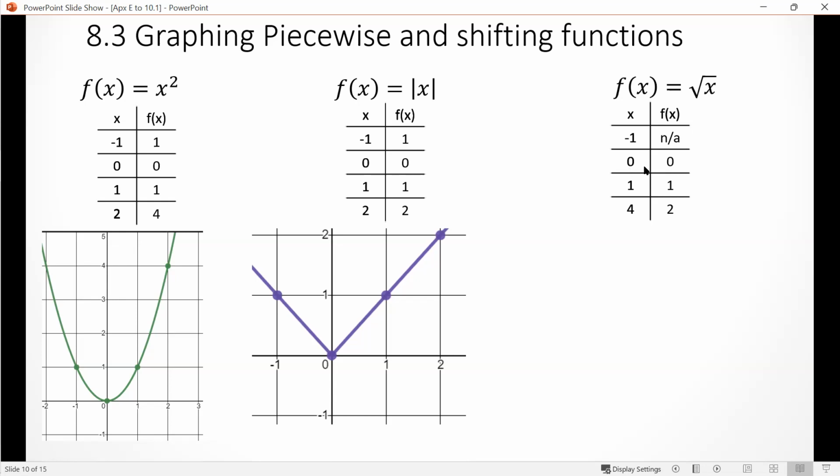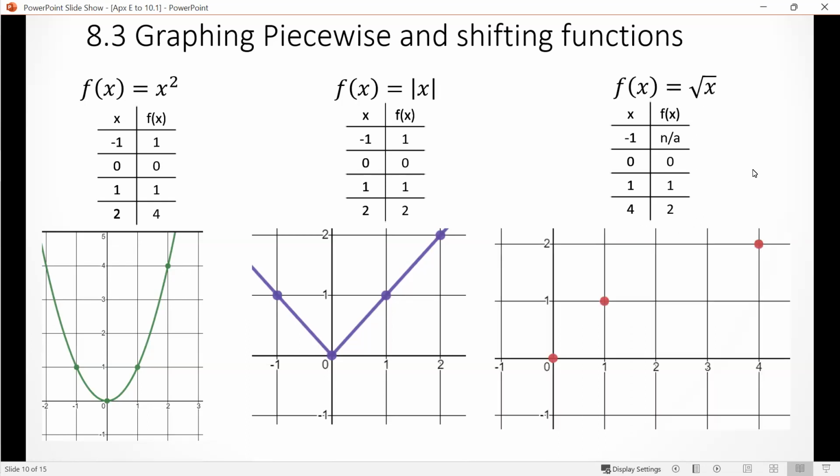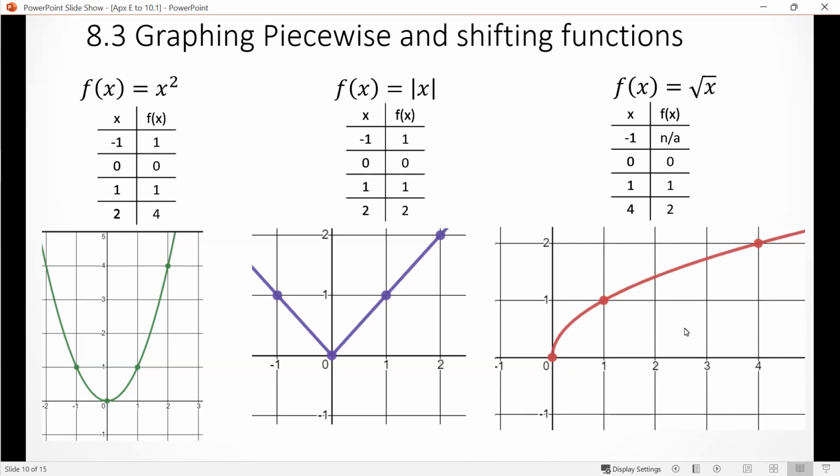So we can really start at x is 0, and then I did 1 because we can take the square root of 1. Then notice I skipped over x being 2, and I picked the next value that is going to allow us to take a square root of it, so it will be easy to calculate the output. When we plot these 4 values, it looks like this, and we can connect the dots to get our radical function.